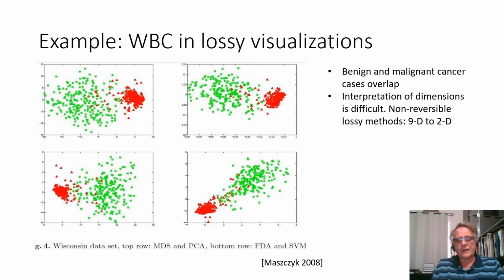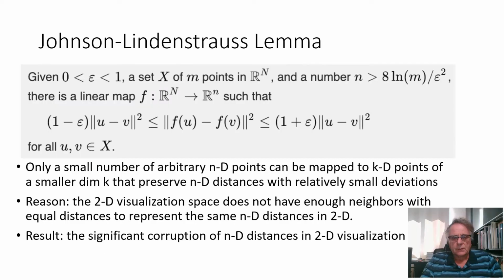They don't have medical meaning. This is the most important issue, while the task is medical diagnostics. And these observations are not a result of bad design of those algorithms, but a fundamental theoretical limitation known as the Johnson-Lindenstrauss lemma.